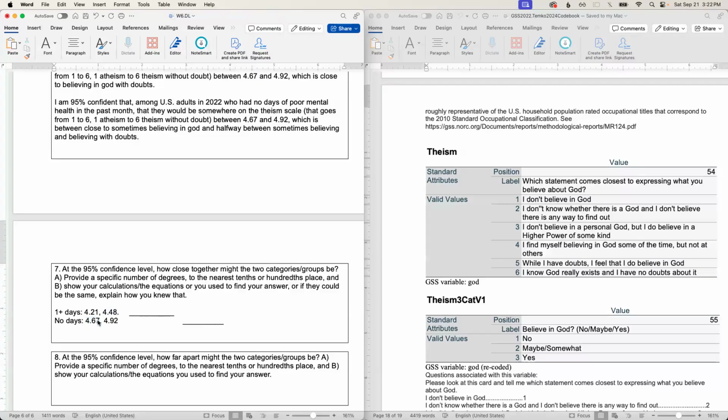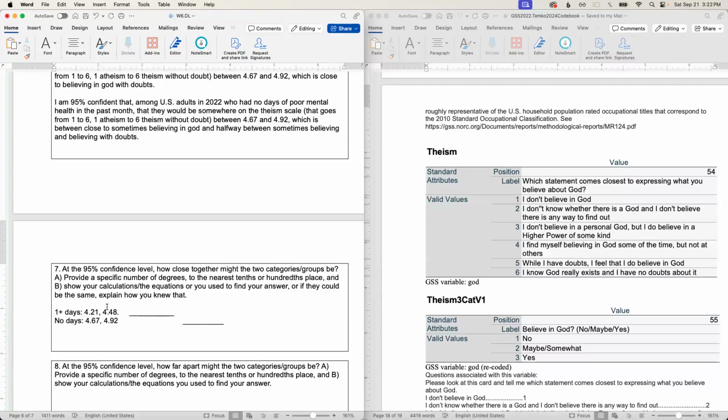If they overlapped, then the closest they might be is 0, right? They might be the same. But here I can see the closest they might be is if this one was up here and that one was down there. So that would be 4.67 minus 4.48, which equals 0.19.